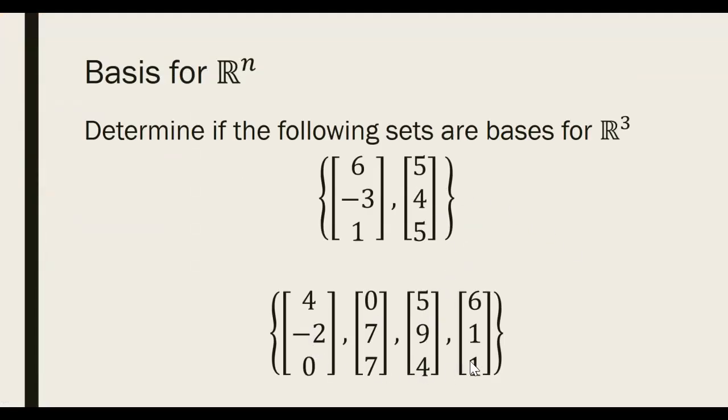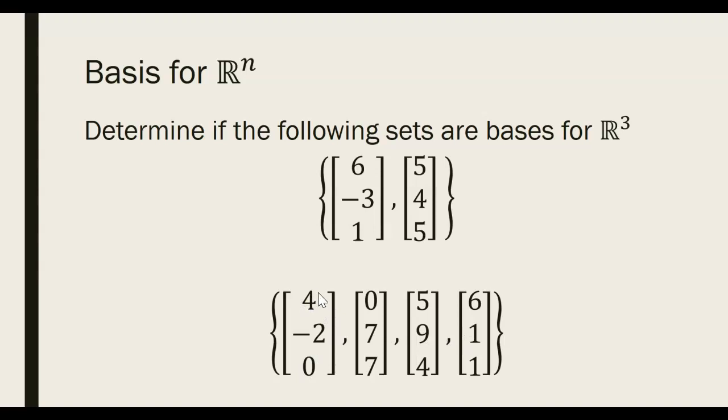Also notice this. If I have 1, 2, 3, 4 vectors, could that be a basis for R3? And the answer is no. The quick answer is no. And the reason is because whenever you took the matrix A, it's going to be 3 by 4.